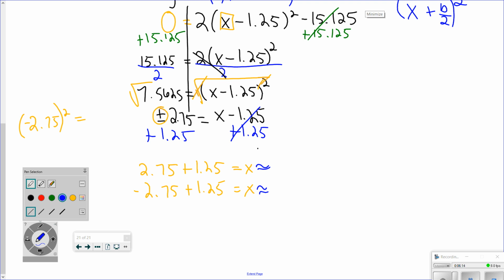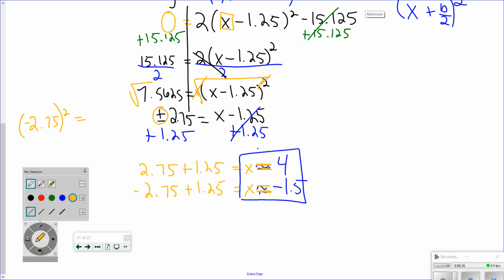So 2.75 plus 1.25 gives us 4. Negative 2.75 plus 1.25 gives us negative 1.5. So I have here approximate squigglies, but really we end up with exact answers of 4 and negative 1.5.